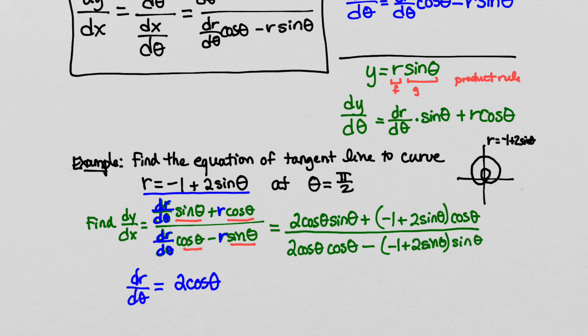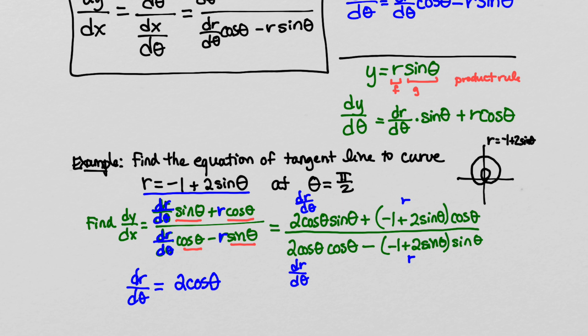I think I did that right. Make sure you guys agree with me. We put r in for r, and we put our dr d theta in place of dr d theta, and we left a sine where it was and a cosine where it was. Is that what yours look like?